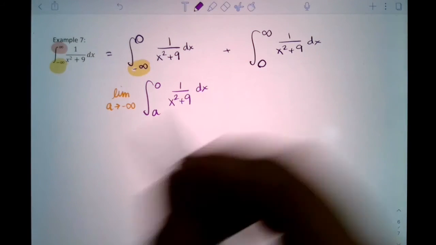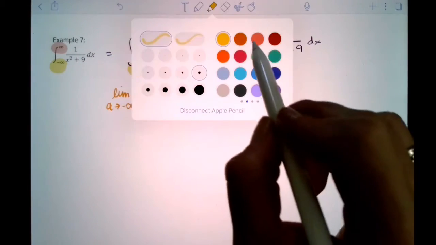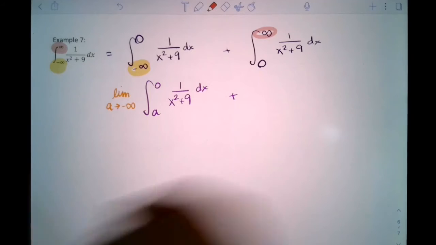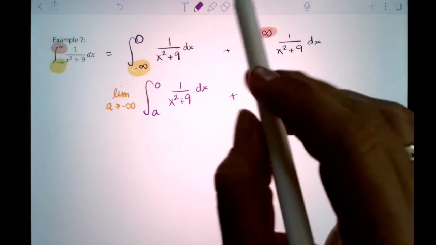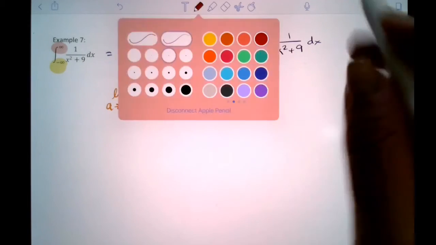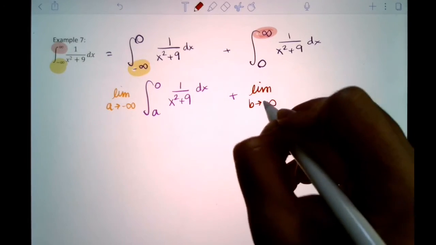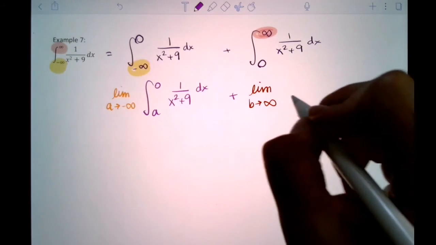Okay. Now I'm going to add to that. I have to address my other problem. My next integral has its problem area here at infinity. So I'm going to have to address that problem by letting the upper limit of integration of that integral go to infinity.